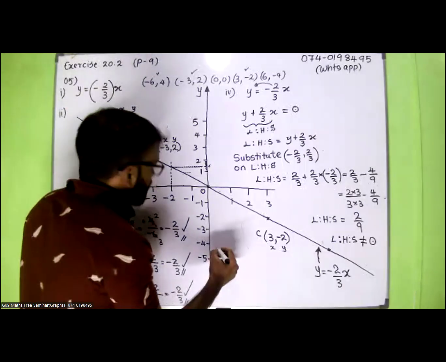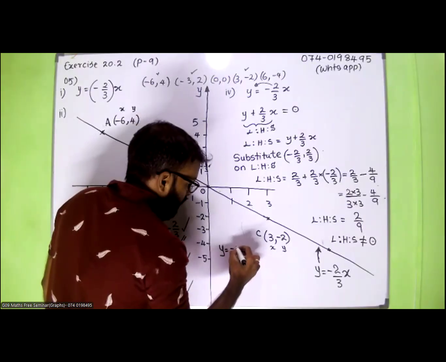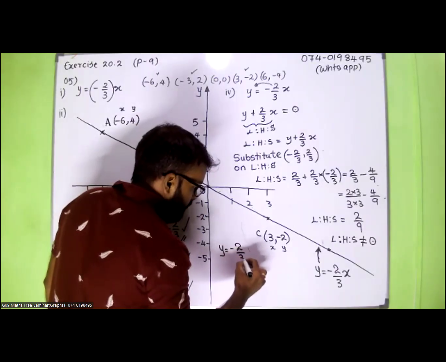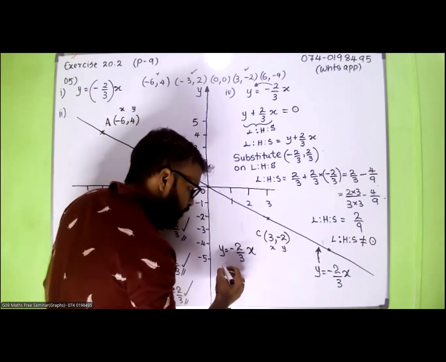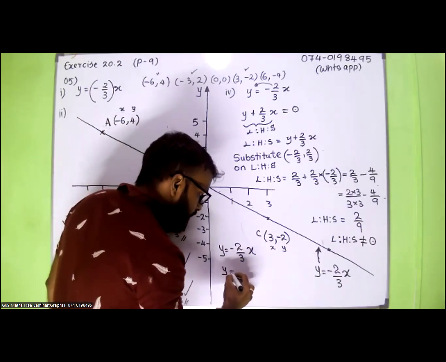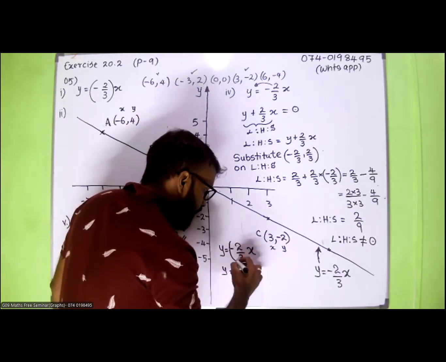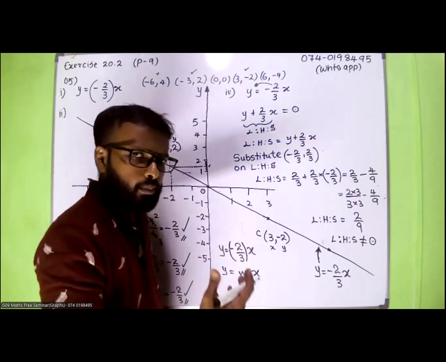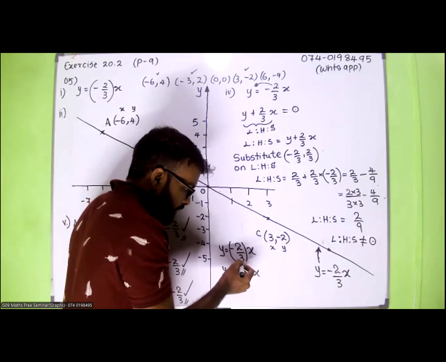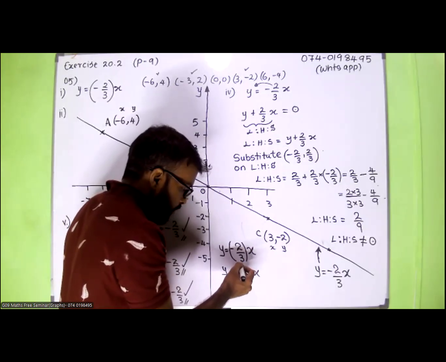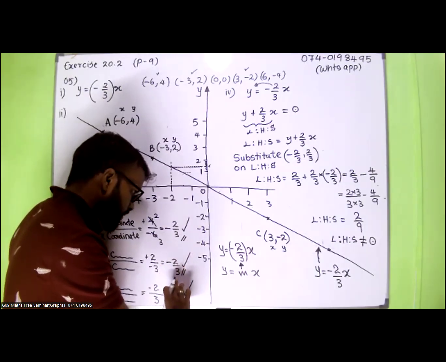So our function is y equals minus 2 upon 3x. This is in the form of y equals mx. Last week I told you what m is. Gradient equals m. M equals minus 2 upon 3.